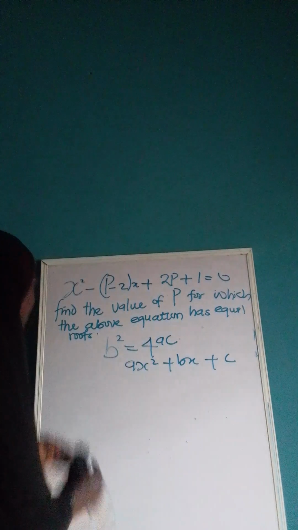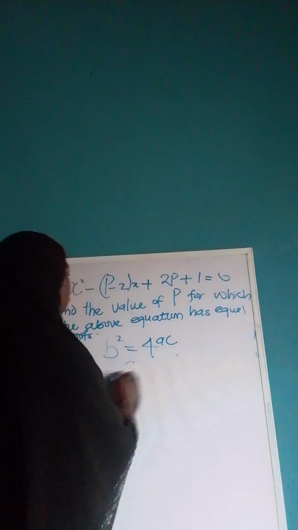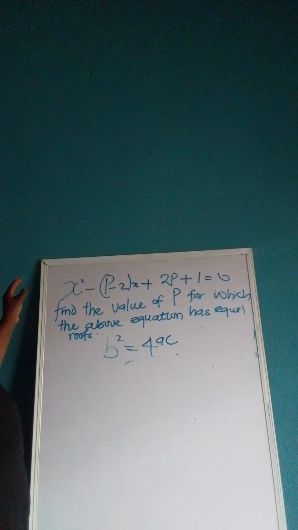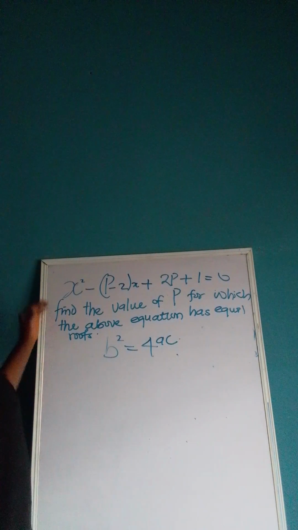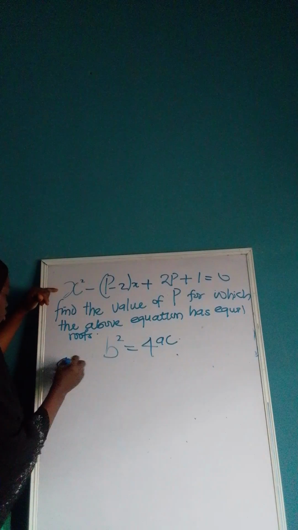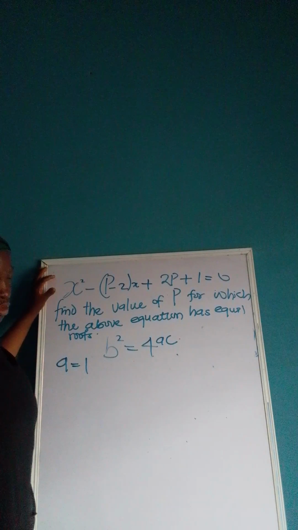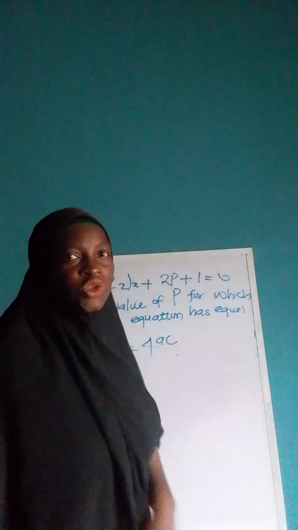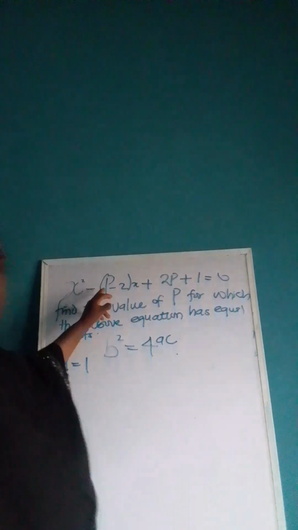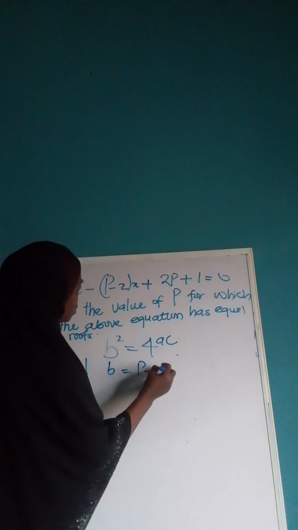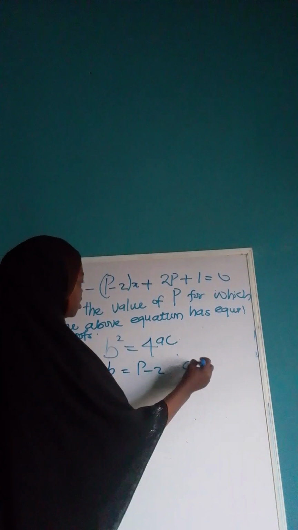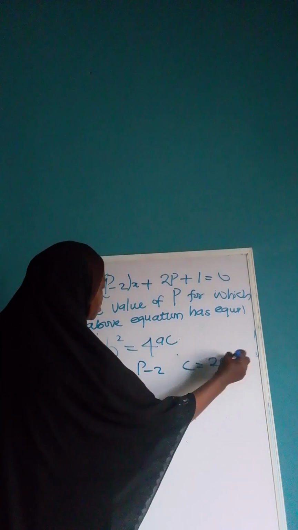Now we've been given this expression for which we are asked to find the value of p. Our a here is 1, because x squared has 1 as its coefficient. Our b is p minus 2, and our c is 2p plus 1.